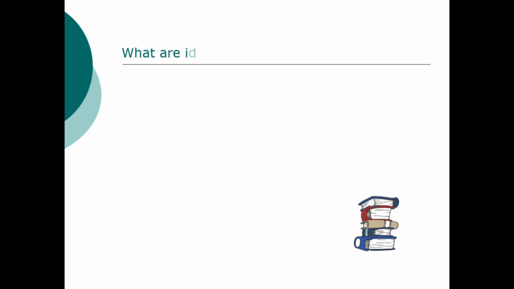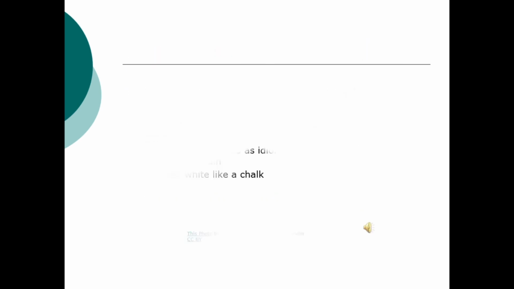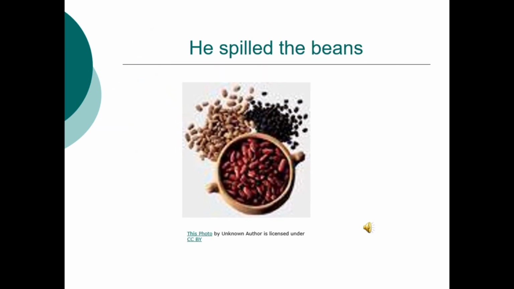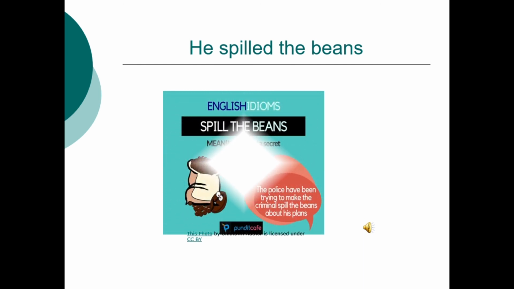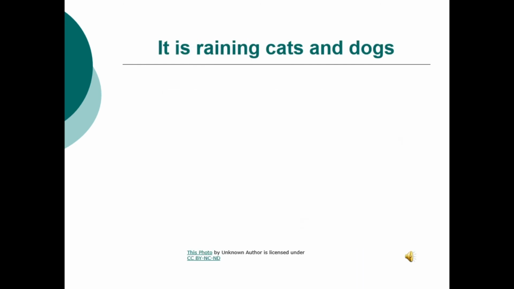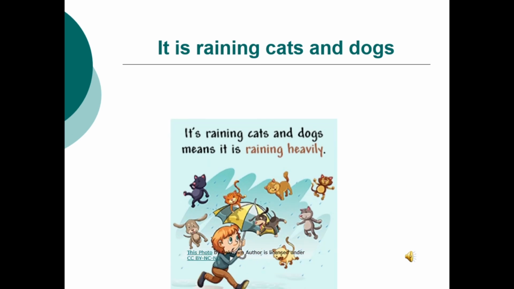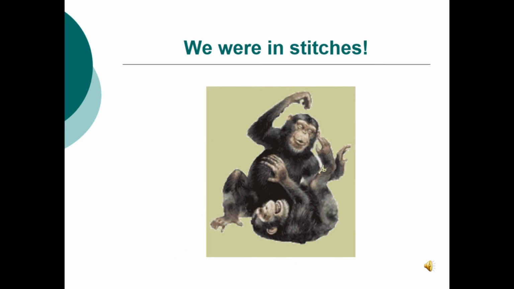Okay, so first one is spill the beans. To reveal a secret. It's raining cats and dogs. It's raining heavily. Next one, we were in stitches. As we can see, it's quite funny. Exactly.